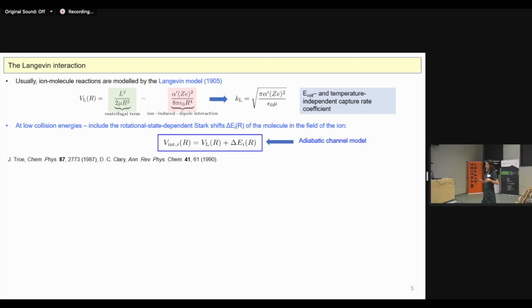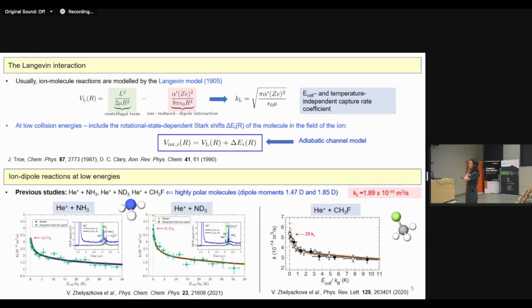So to give you a little bit of a flavor of our experiments, what we have done is we looked at reactions between helium ions and highly polar symmetric top molecules, with the example of ammonia and fluoromethane. Here I just have lots of data, but the points with the error bars are our experimental data, and we measure the yield of the reaction while we reduce the collision energy, say, from 40 to about 0 Kelvin.